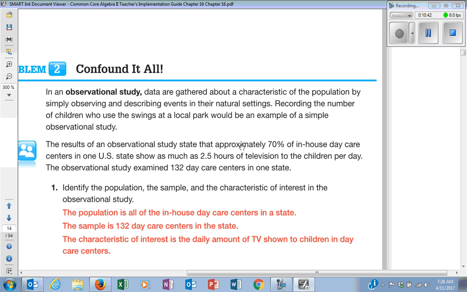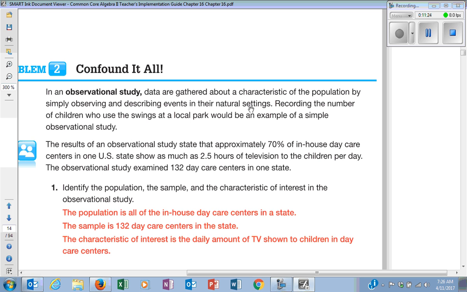All right. In an observational study, data are gathered about a characteristic of the population by simply observing and describing events in their natural setting. This happens with children when they are trying to see if they have certain characteristics. A person will come out and watch their behavior, how many times they do certain things, and they'll put little tick marks.